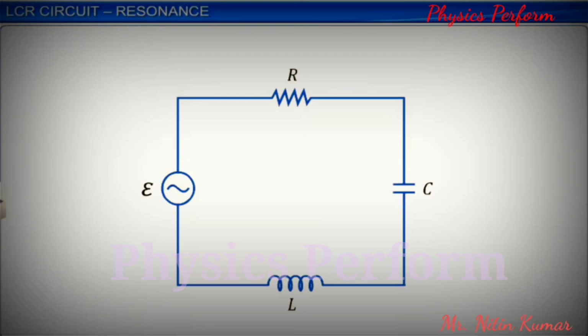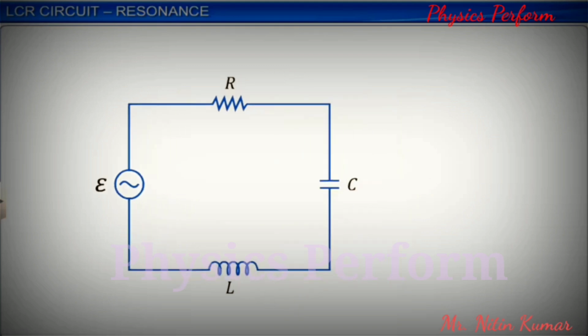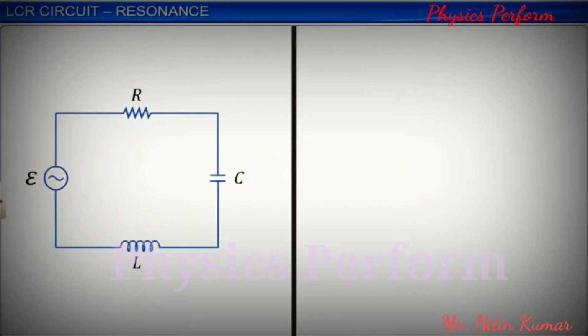We have seen that at any instant t, the applied AC voltage is represented as V equal to Vm sin omega t, where Vm is the amplitude of the AC voltage and omega is its angular frequency. At the same instant, the current in the circuit is given as I equal to Im sin(omega t plus phi), where phi is the phase difference between the AC voltage and the current.